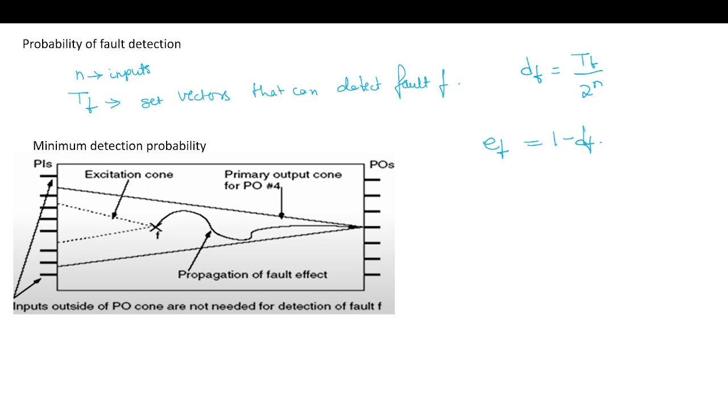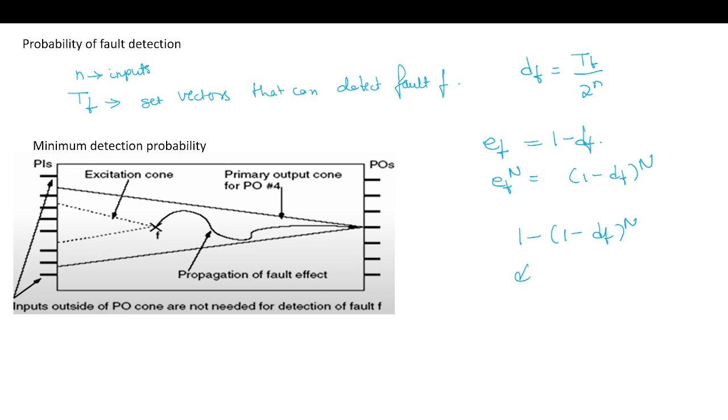Now if we have n such random vectors, its probability is power n. Thus the probability that at least one out of the n vectors can detect F is 1 minus (1 minus df) power n.